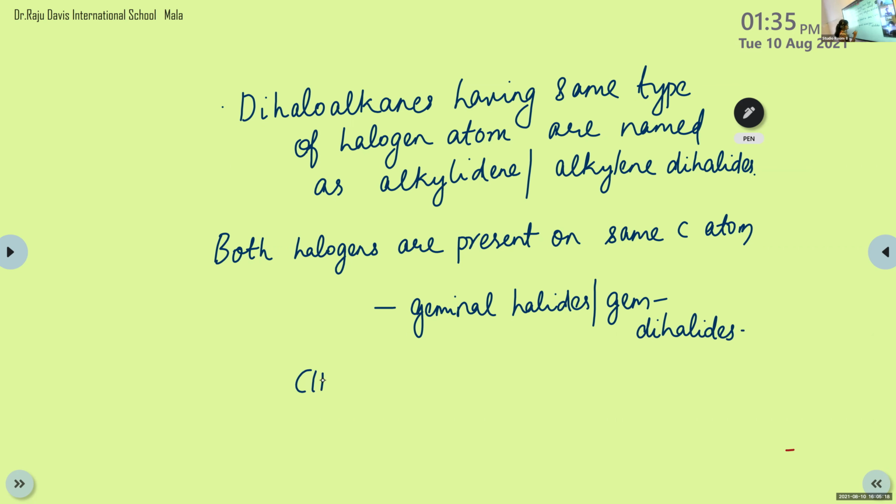Like this, CH3, C, and CH3. Here it is Cl, here also Cl. The same halogen is present on same carbon atom. It is known as geminal halide or gem dihalide.